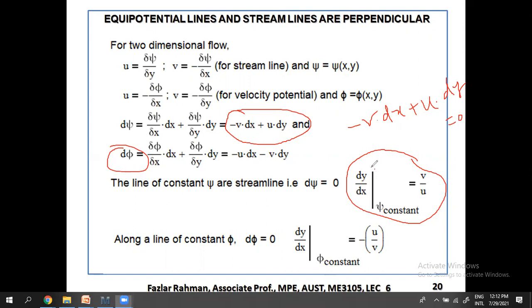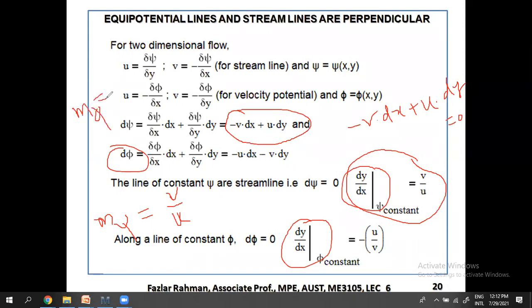Now we see, what is dy by dx? Dy by dx is actually the slope of the line. So if I say this is m psi, this equal to, you are getting v by u. And m phi will be how much?